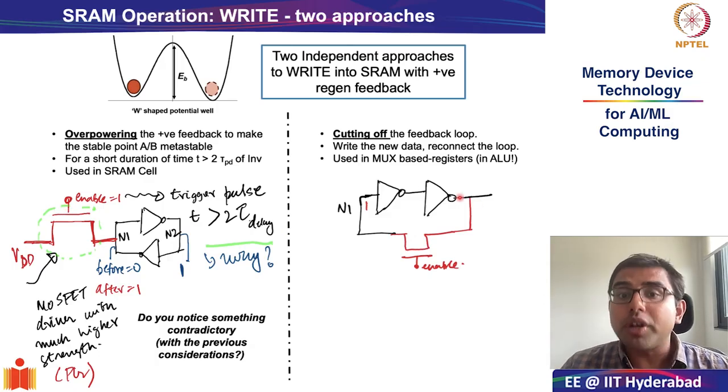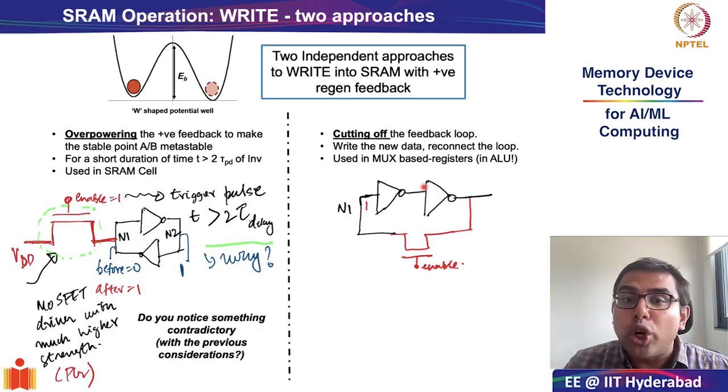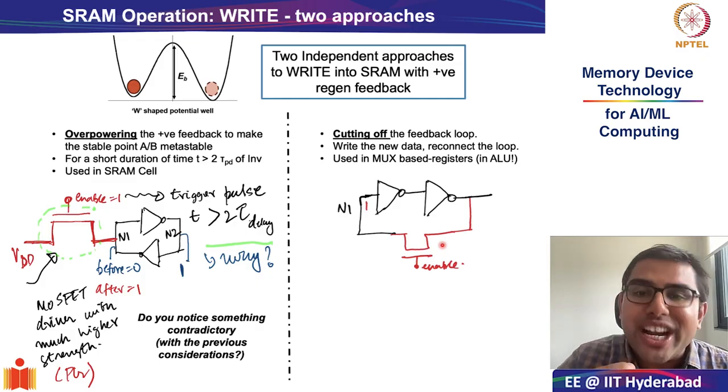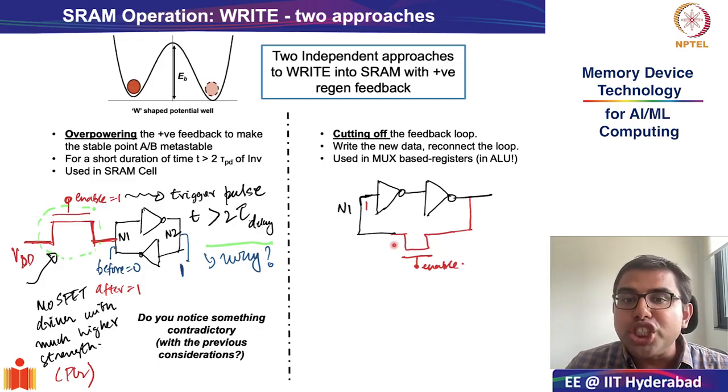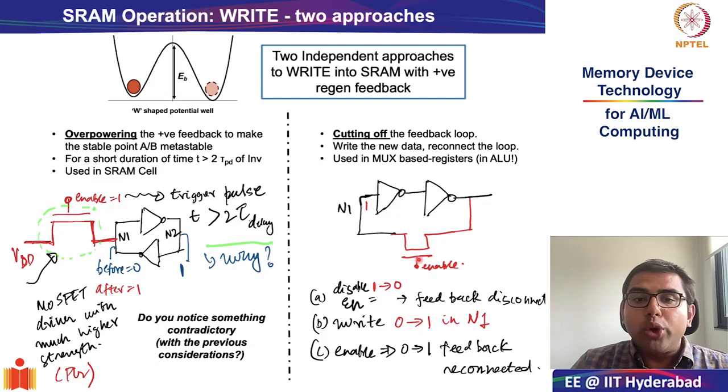Remember, the source of the positive regenerative feedback was this feedback loop from the cross-coupled inverters. What if we can just place another transistor in the feedback loop, and when we want to do a write operation, we isolate the feedback? You cut off the feedback loop. How do you cut off the feedback loop? You just disable this enable signal.